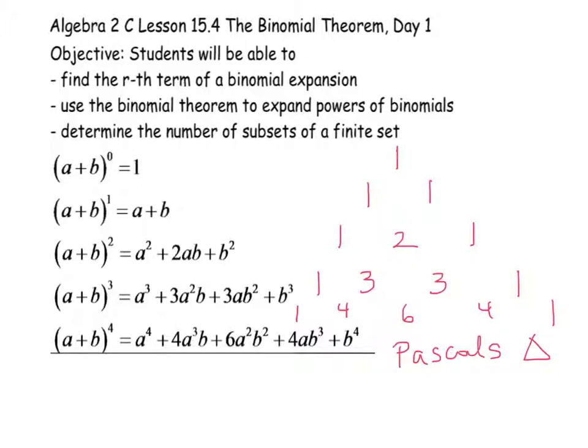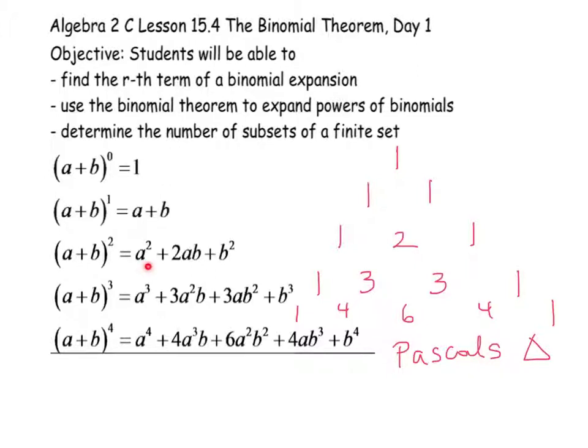For example, if I'm looking at the expansion of a plus b to the first power, I will get a to the first and b to the first. In the next row, I have a to the second and 2 times a times b, so a to the first is in here, and b is to the first power, and in the last term I have b to the second power.